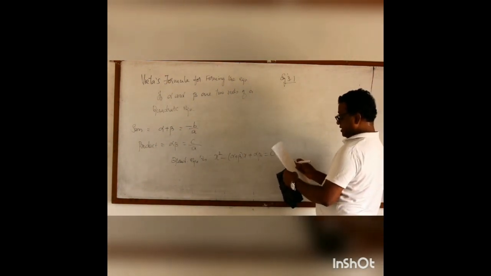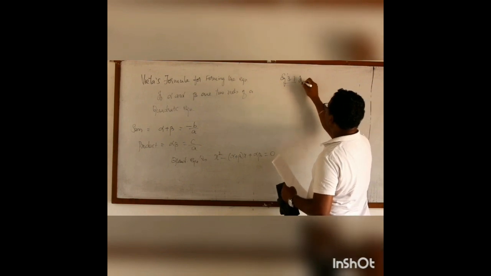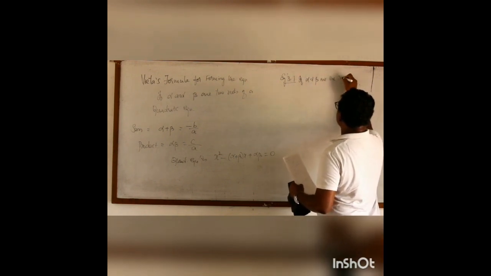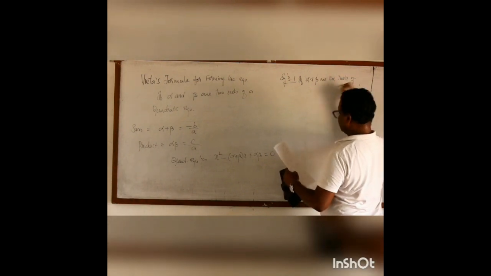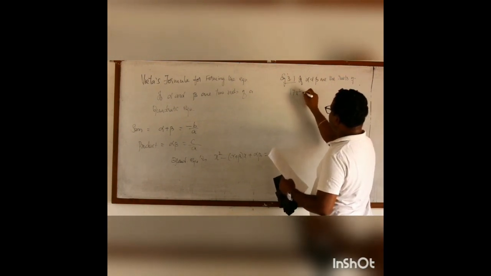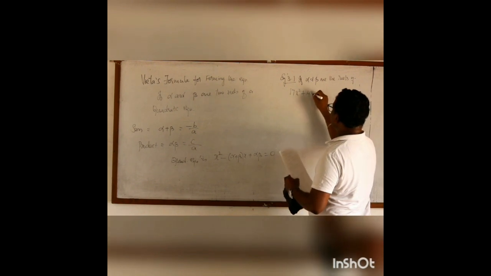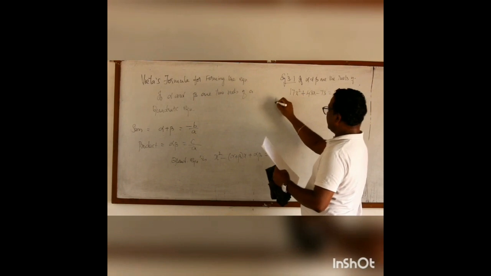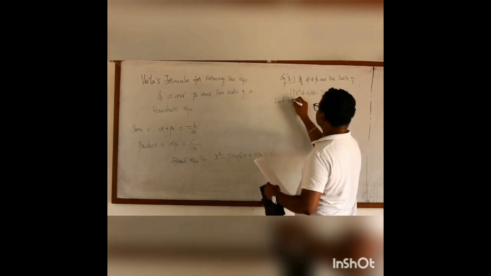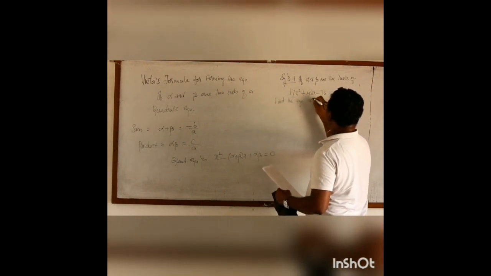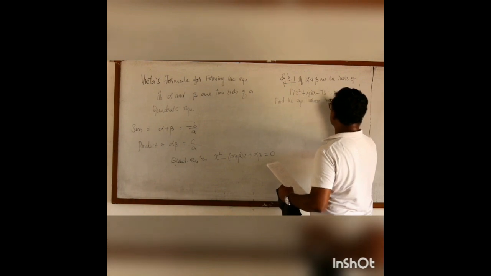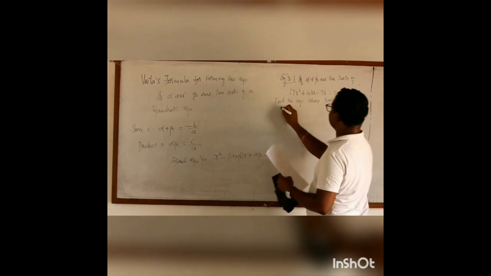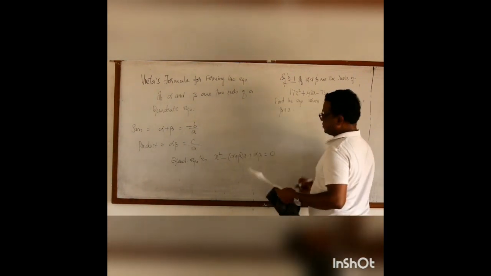Now, equation 3.2, example 3.1. If alpha and beta are the roots of 17x square plus 43x minus 73 equal to 0, find the equation whose roots are alpha plus 2, comma, beta plus 2.